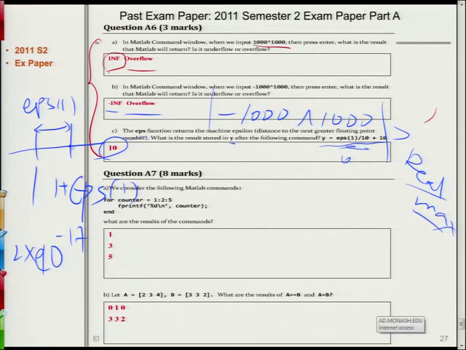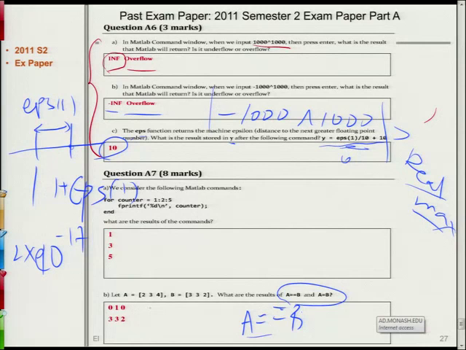And question 7, the first one is too easy. The second one I want to explain. The second one gives you 2 vectors, A and B, and tests whether A double equals B or not. This is a logical comparison.